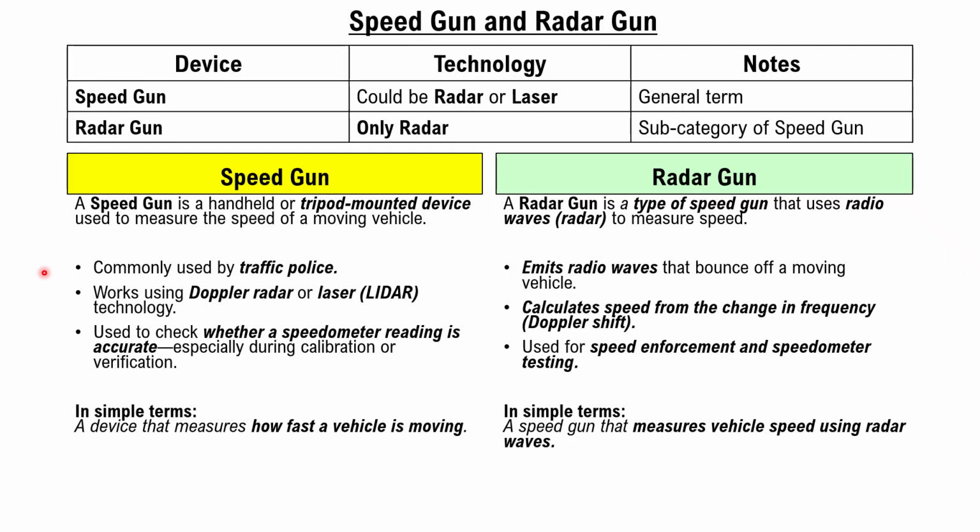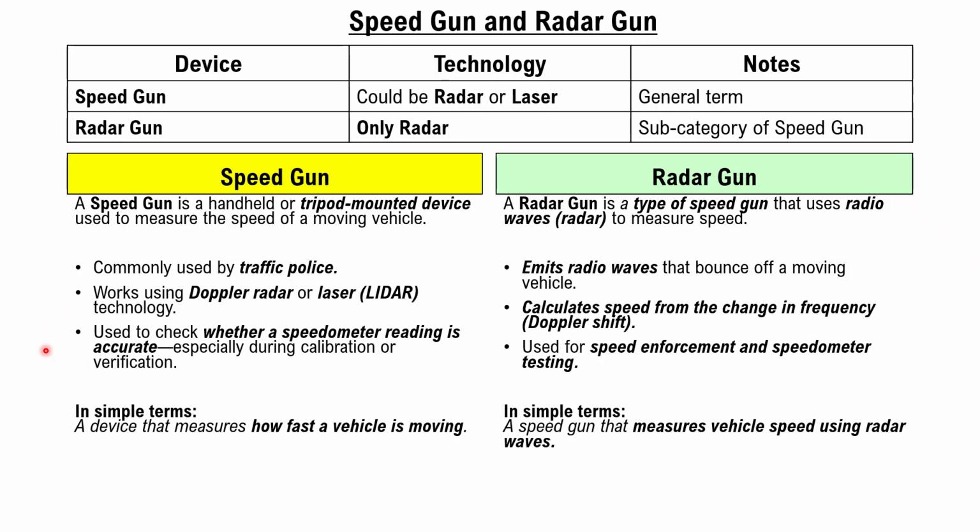A speed gun is commonly used by traffic police, and a radar gun emits radio waves that bounce off a moving vehicle. A speed gun usually uses Doppler radar or laser, that is, LiDAR technology, whereas a radar gun calculates speed from the change in frequency, that is, the Doppler shift.